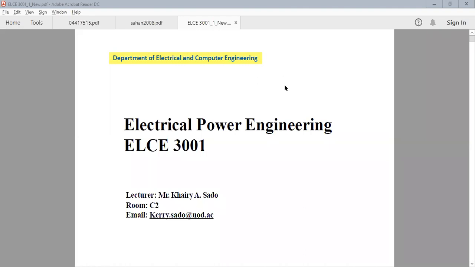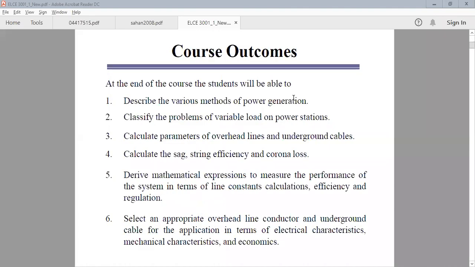What we are going to study through this course in electrical power engineering: we will describe various methods of power generation. We currently have many types of power generation, from renewable to non-renewable energy sources.